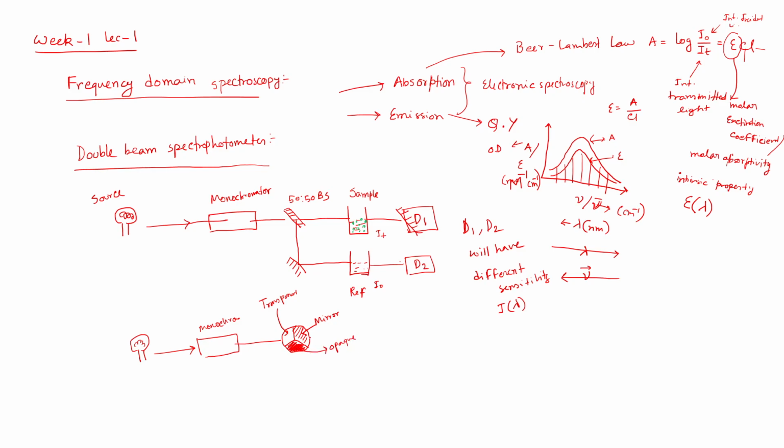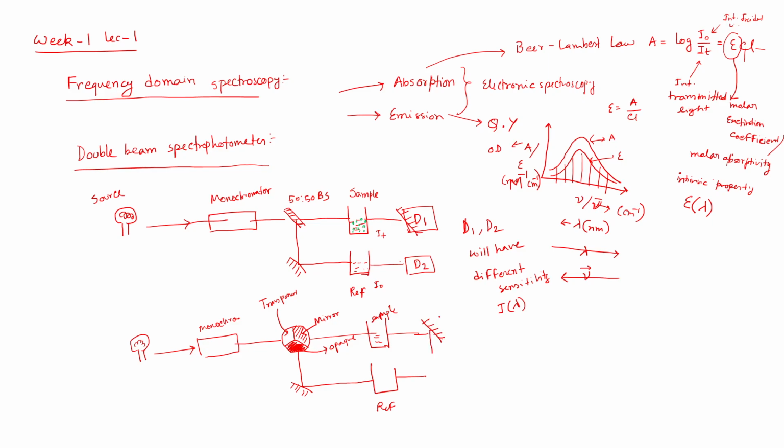After that there will be your sample, and here another similar one, but the rest of the things are almost similar. Here is your reference, here is your sample. Is my writing visible? If not, please let me know.